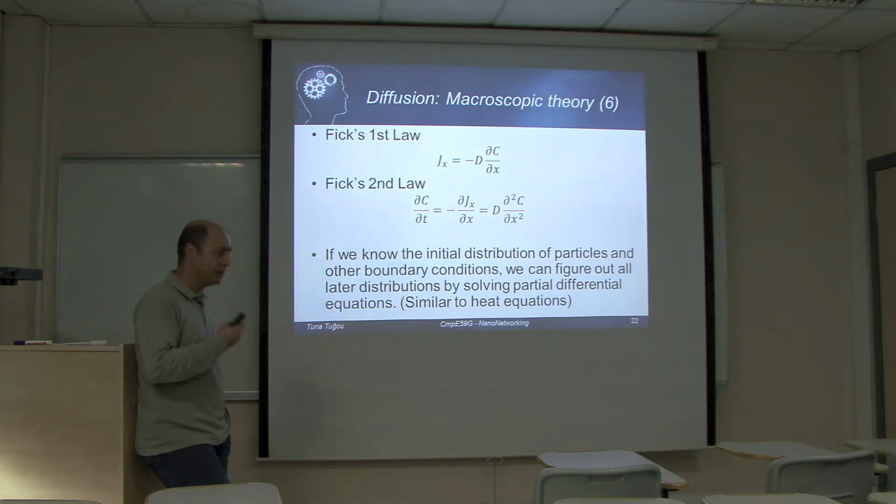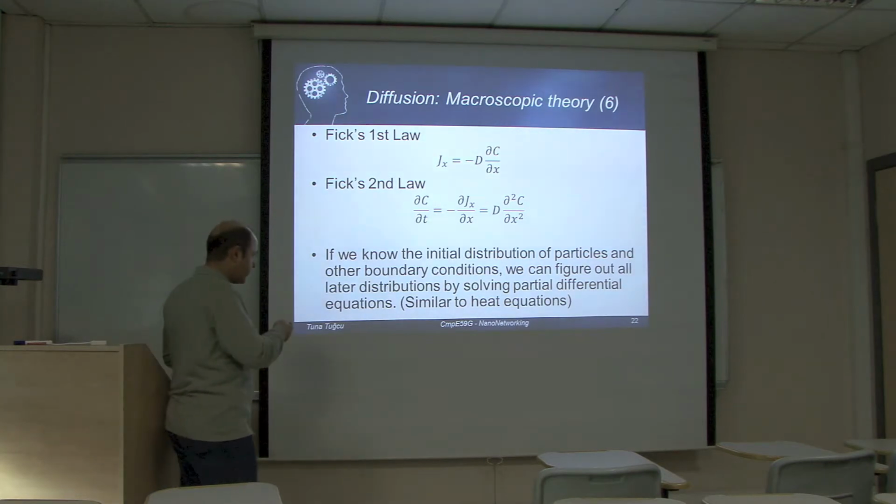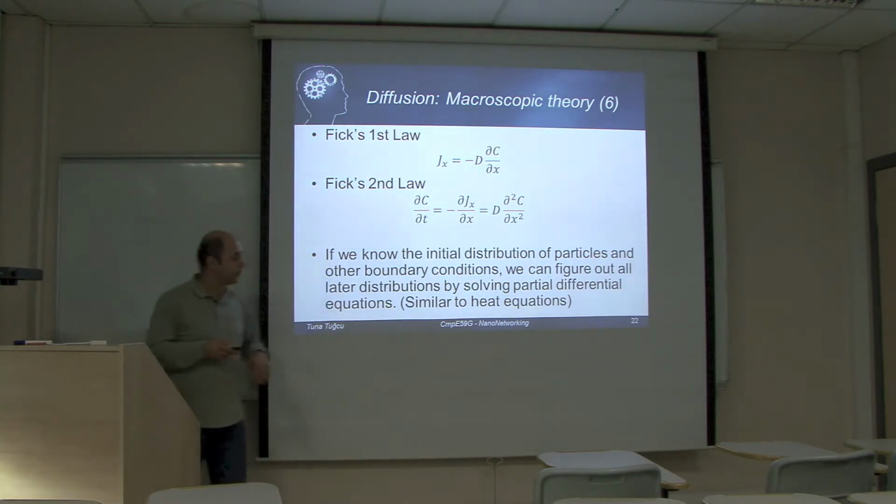And these are very similar to the heat equations, as you will remember from the last slide of the previous chapter. There, remember, we had, for example, a rod which had different heat values at different points, but at both ends we had these infinite heat absorbers, and we were able to show what the heat distribution will be after some time. Okay? So it's similar stuff.